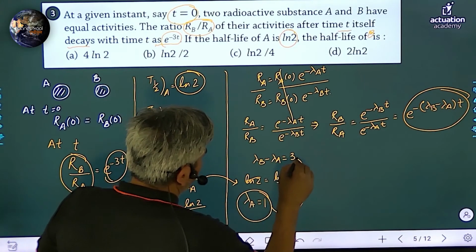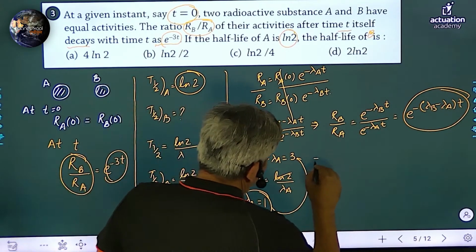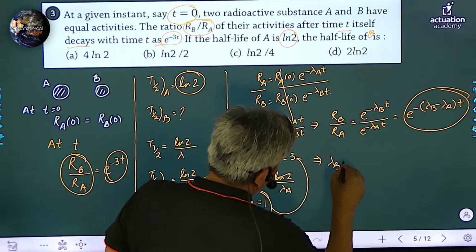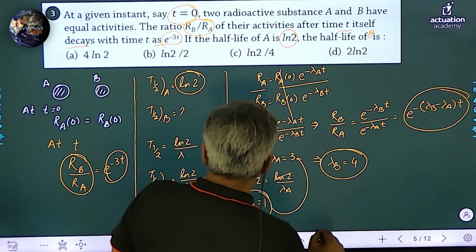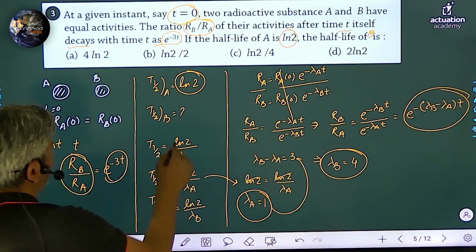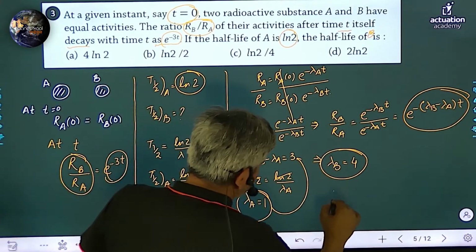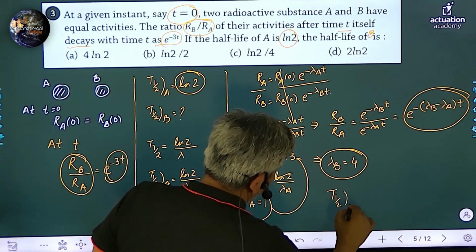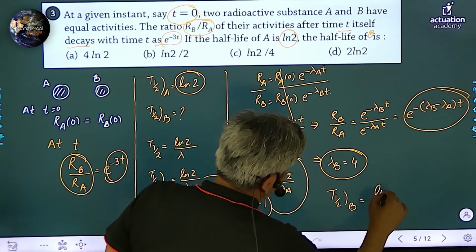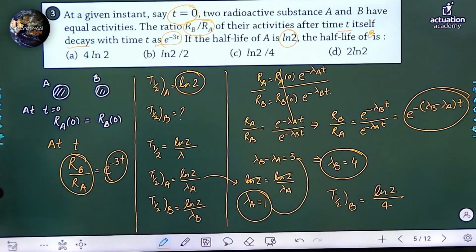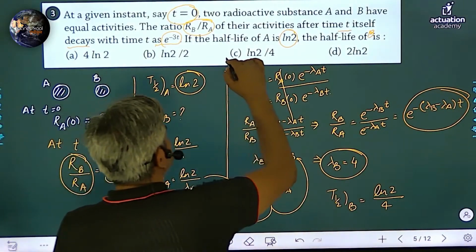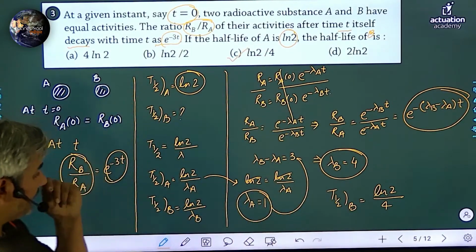Now putting this value here, we'll be getting lambda B is equal to 4. So therefore, the half-life of B, T half of B, can be written as natural log 2 over 4. So from the given options, C is the right option.